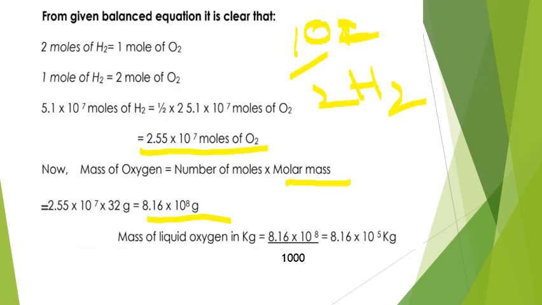It comes out as 8.16 × 10^5 kilograms. This is the mass of oxygen required to react with 5.1 × 10^7 moles of hydrogen.